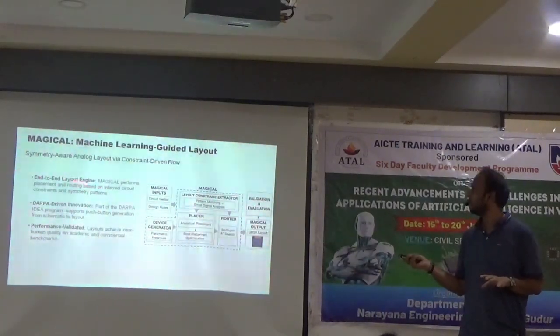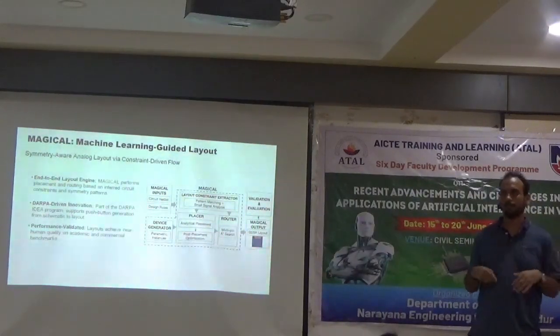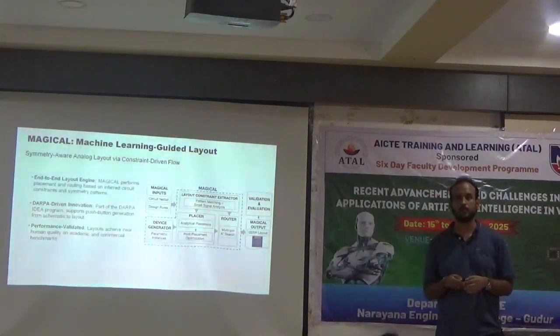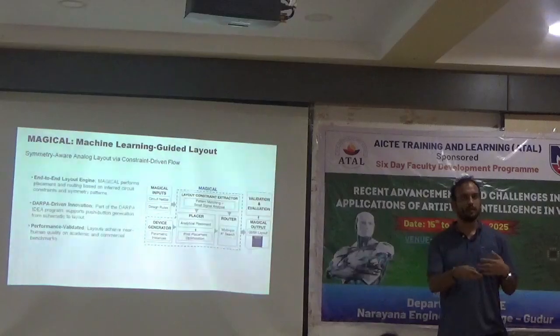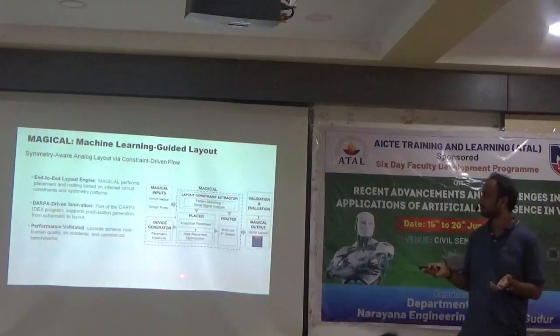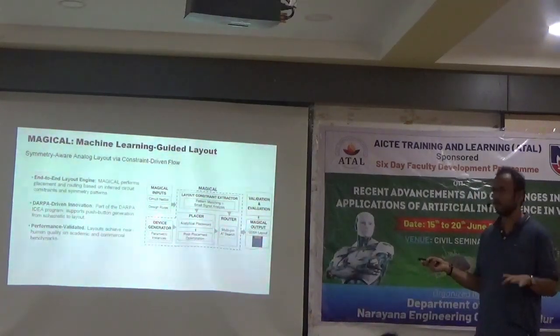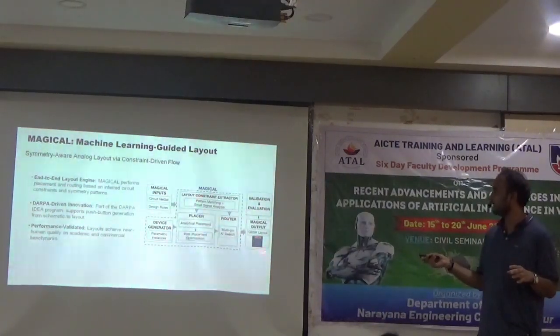And this is another machine learning guided layout work. All these are talking about layout generation from the SPICE netlist. They optimize your network or circuit, and then give you the optimum layout for that. There are different design rules and different parameters that they feed into this algorithm, and then finally you get a GDS.